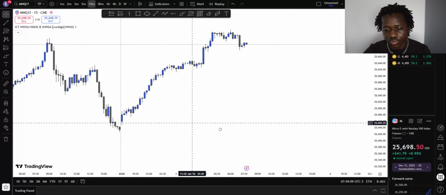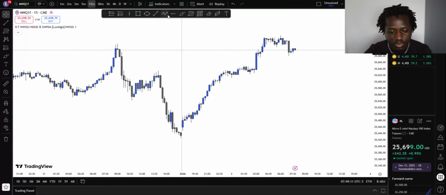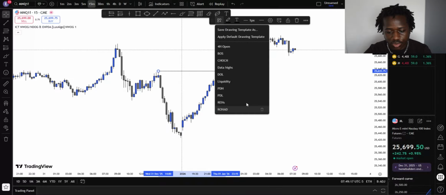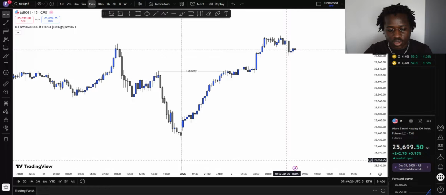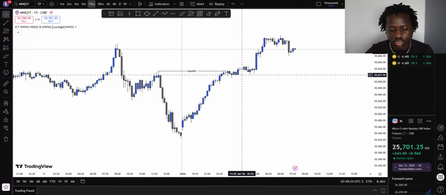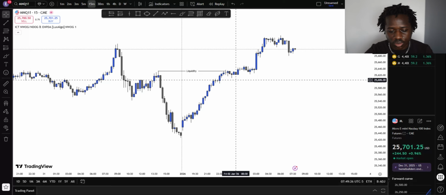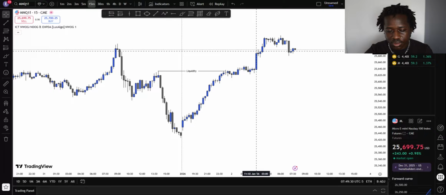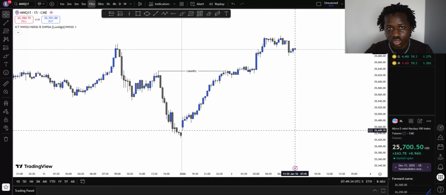So this is a perfect example of this. Literally just saw this now. So you could mark this out and let's say liquidity right here. If you are expecting a liquidity sweep, you would be wrong, because this isn't a liquidity sweep, this is a liquidity run, right? Price takes out this high, but it doesn't retrace downwards.